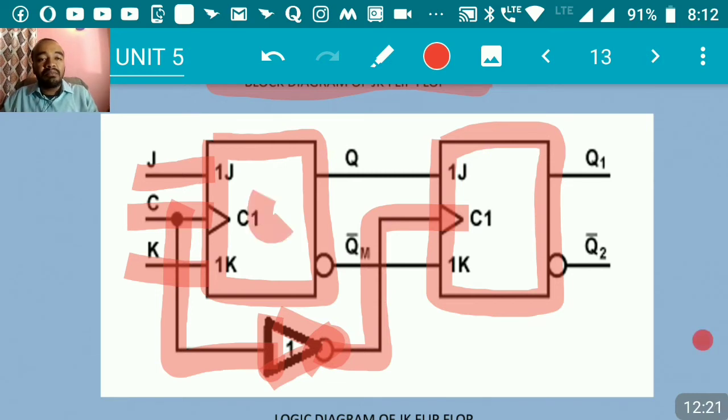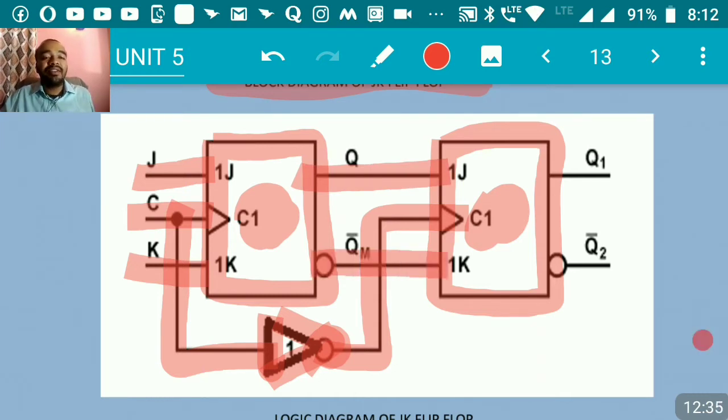The first one is called the master. The second flip-flop is called the slave flip-flop. The Q output of the master flip-flop is the J input of the slave flip-flop. The Q bar output of the master flip-flop is the K input of the slave flip-flop.